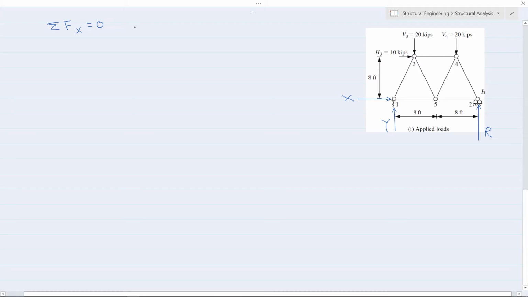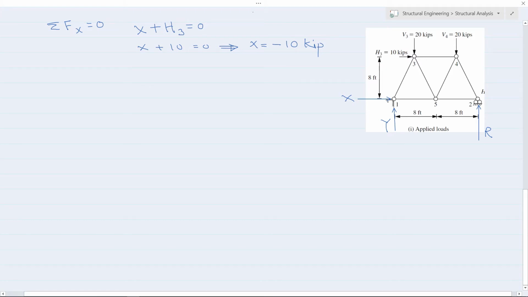So that means X plus H3 will be equals to 0, or X plus 10 kip will be equals to 0. That means this X will be minus 10 kips. What does this minus sign indicate?